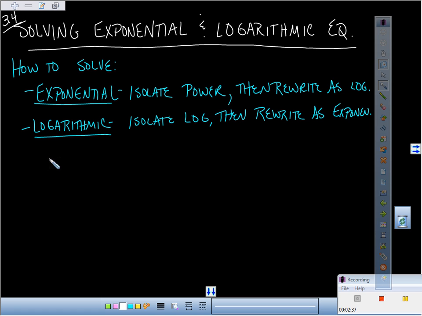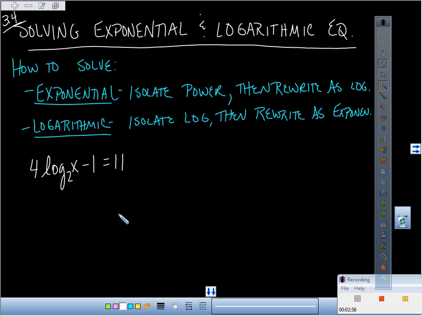So, watch this. Let's do a log first. So, 4 log base 2 of x minus 1 equals 11. Alright, so the first thing you have to decide is, is this a logarithmic or is it an exponential?